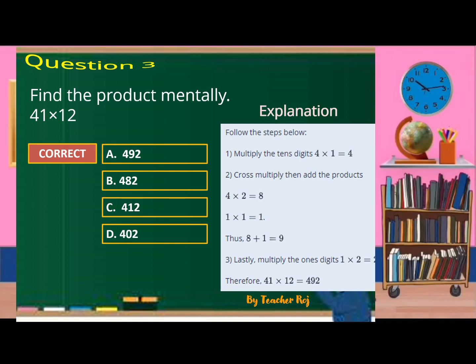Multiply the tens digit. 4 times 1 equals 4. Then, cross multiply, then add the products. 4 times 2, you have 8. Then 1 times 1 is 1. Thus, 8 plus 1 equals 9. Lastly, multiply the ones digit. 1 times 2 is 2. Therefore, 41 times 12 is 492.